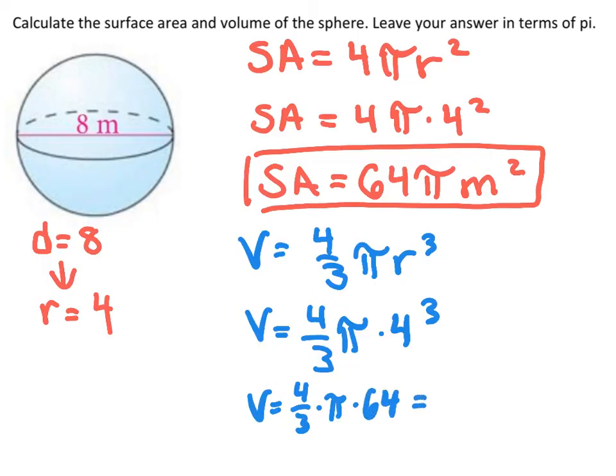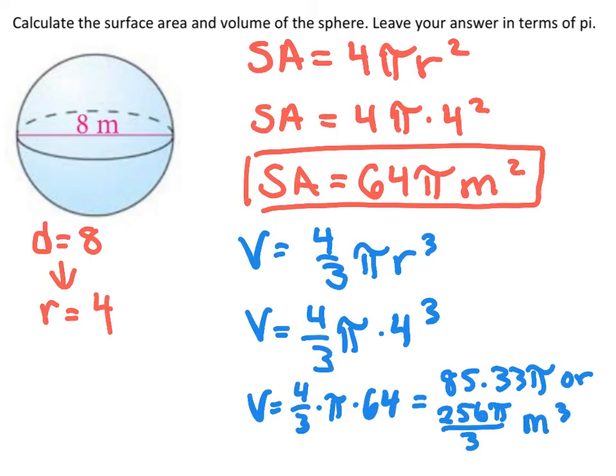And if I multiply the 64 times 4/3, you get a decimal. Now you can either write it as 85.33 pi, or the more proper way would be to write it as a mixed number or an improper fraction. So it'd be 256 pi over 3 meters cubed.